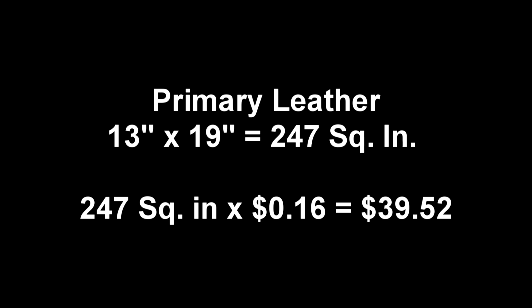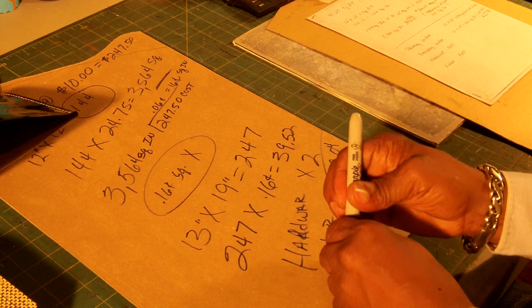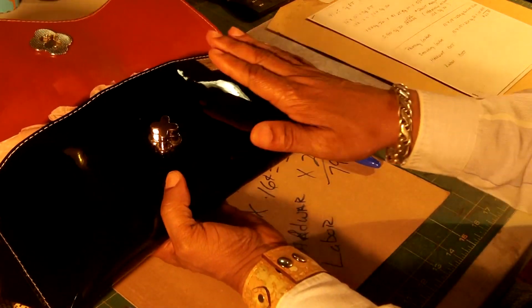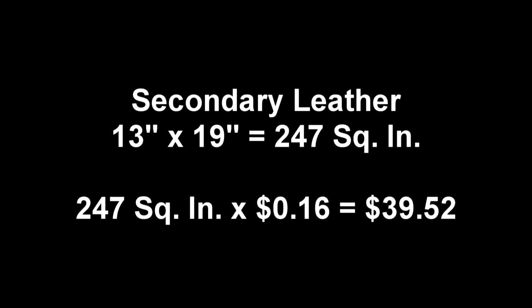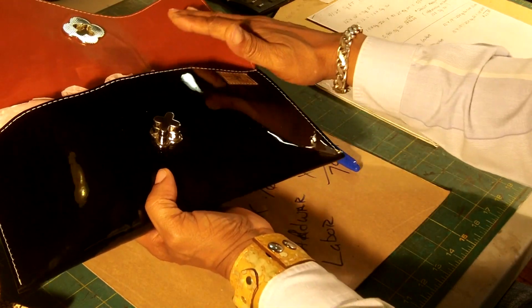We take the 247 square inches and multiply by 16 cents, which gives us $39.52. Because we have a primary leather and a secondary leather, which means we need to charge for both leathers, we need to charge $39.52 for each leather, for the primary and for the secondary.